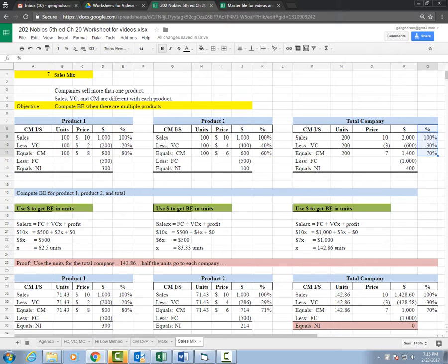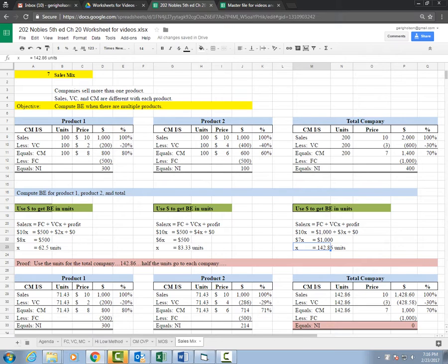For product 1, our break-even point is going to be 62.5 units. For product 2, our break-even point is 83 1/3 units. And the break-even for the total company is 142.86 units. Again, normally you just round up to the next whole unit. I'm just going to leave it like that.